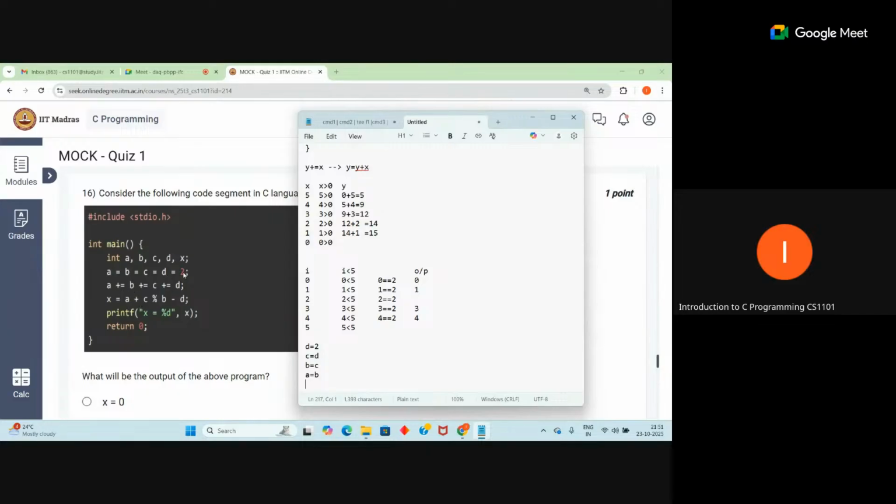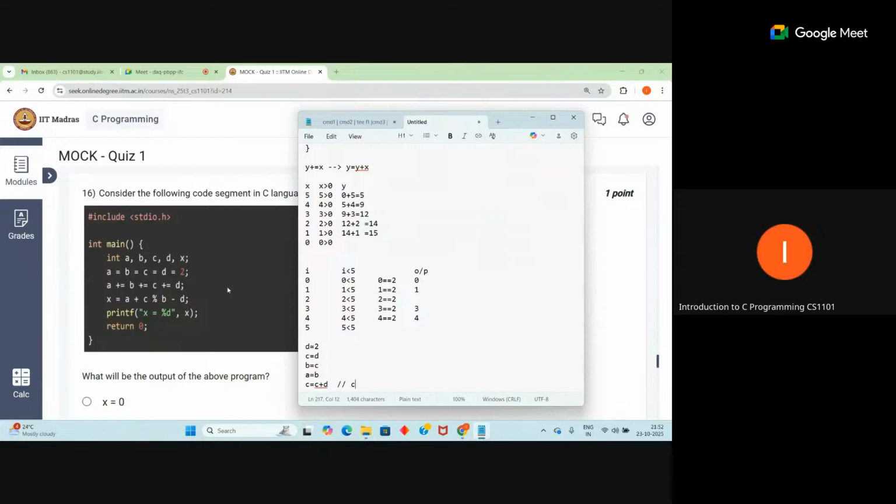So next, what are the A, B, C, D values after this? All are 2. Now, how does this statement get executed? First, this part gets executed because this is also an assignment operator only. The assignment operator will always execute from right to left. So first it will execute C plus equal to D, which means C is equal to C plus D. So C will be 4.